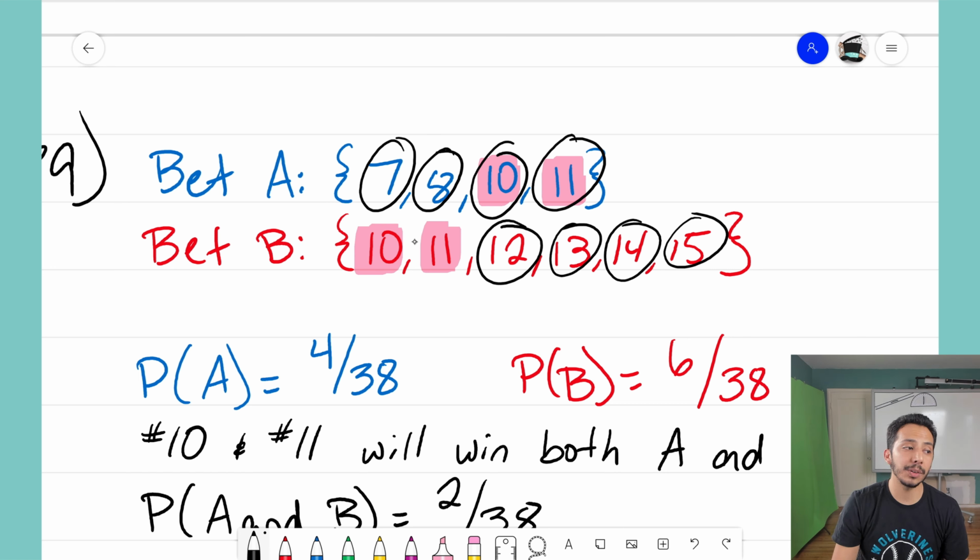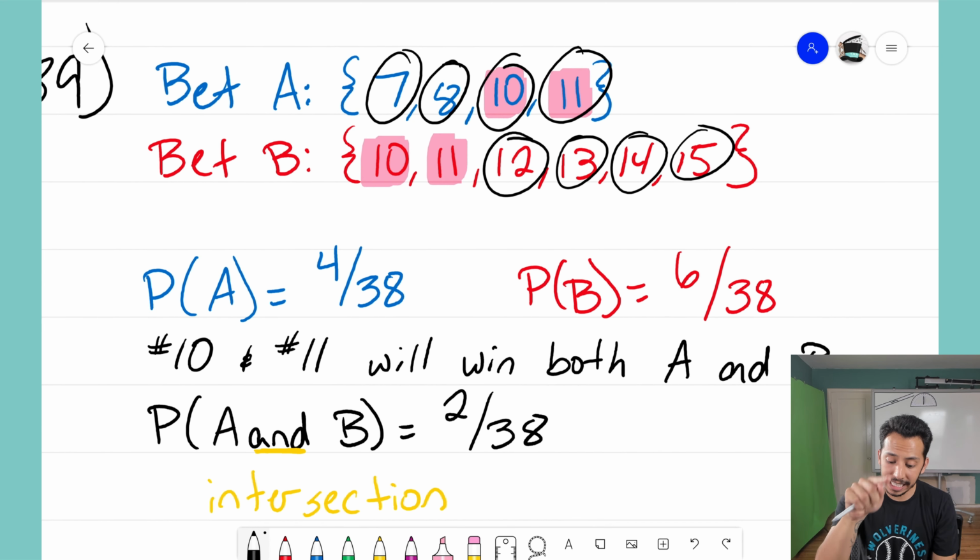But should I count this 10 and 11? The ones I haven't circled, should I count those as well and get that 8 up to 10? Yeah, no. I shouldn't count those. The reason why I shouldn't count those is because I already counted them up here, right? Those were already counted. I want to make sure I don't count those.